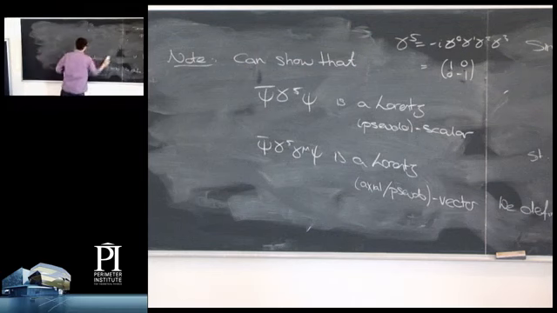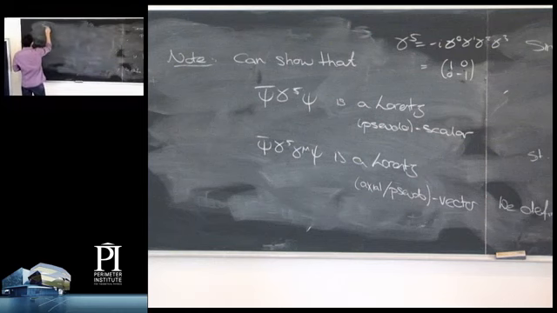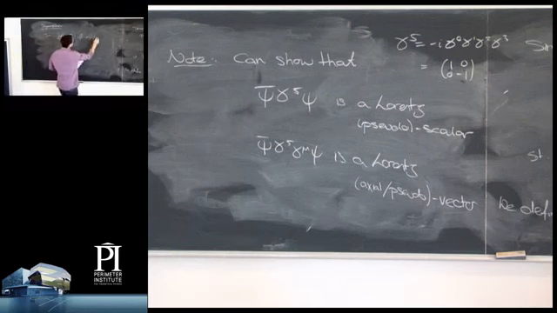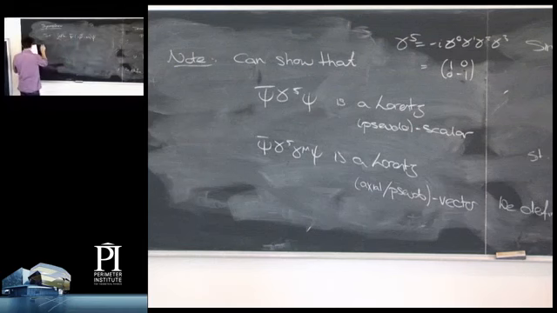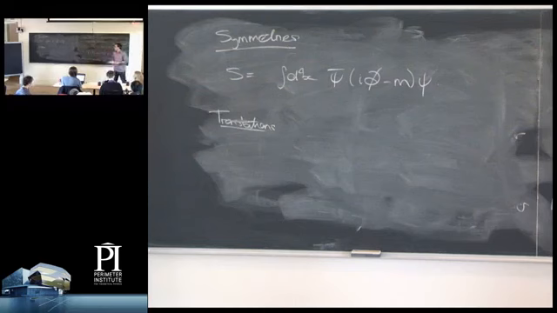Okay, let's look at the symmetries of the Dirac equation. Okay, so there's a bunch of symmetries that this Lagrangian has. The first two are the ones that we've seen already for the scalar field.